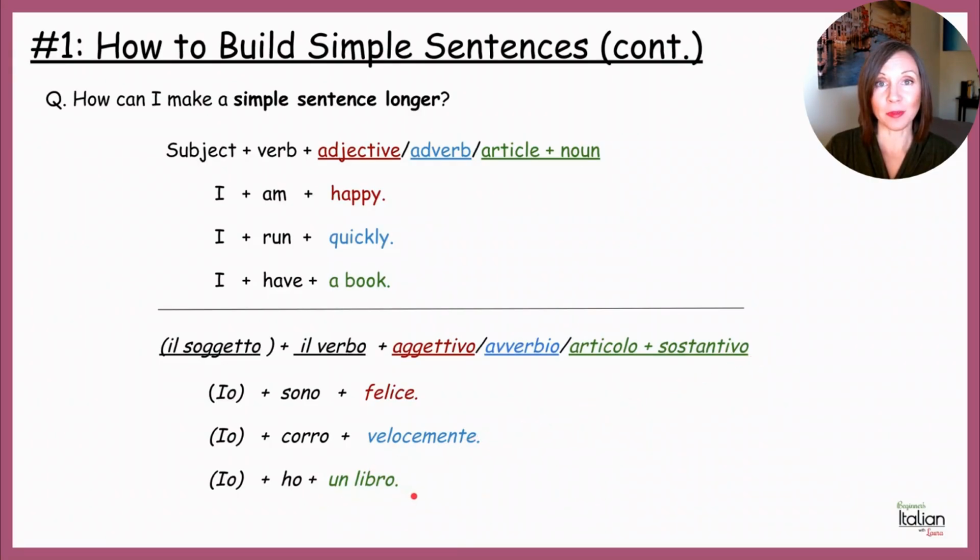And that's how you build a very short sentence and how you can gradually make it longer as you add on more of these elements of grammar. Pretty simple, right? Once you get into it a bit and it starts to make sense, you can see how it's basically just like building a little structure.